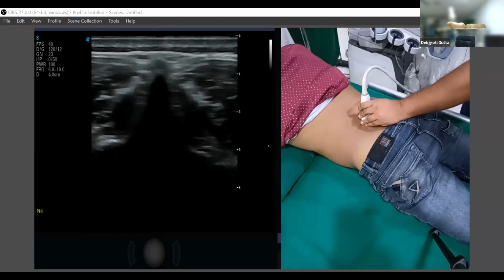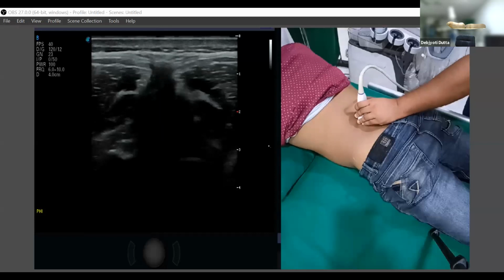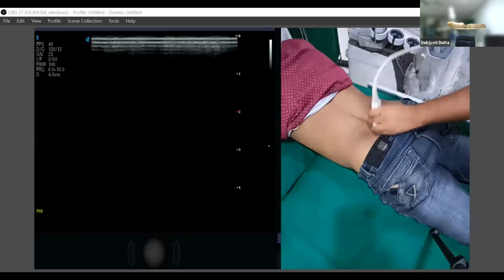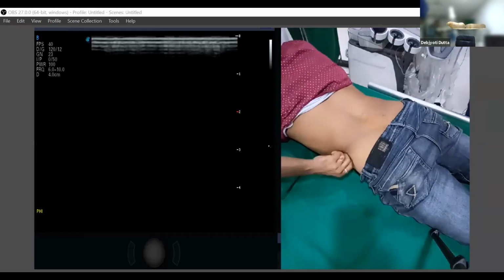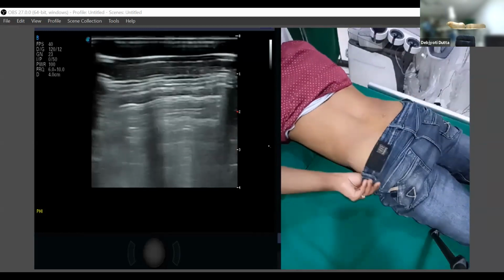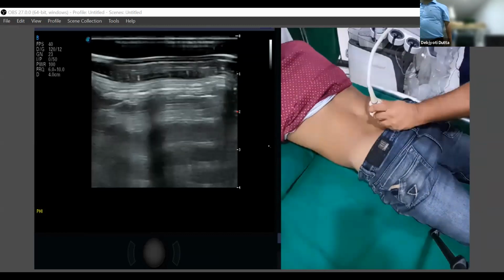So here at this level, just a minute, I've gone much up. So we first check in the midline.